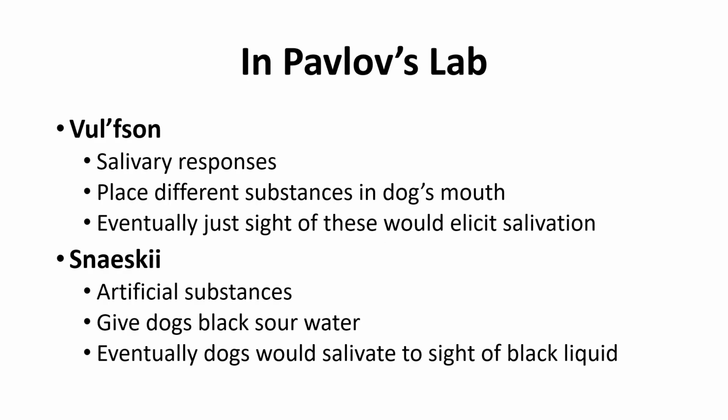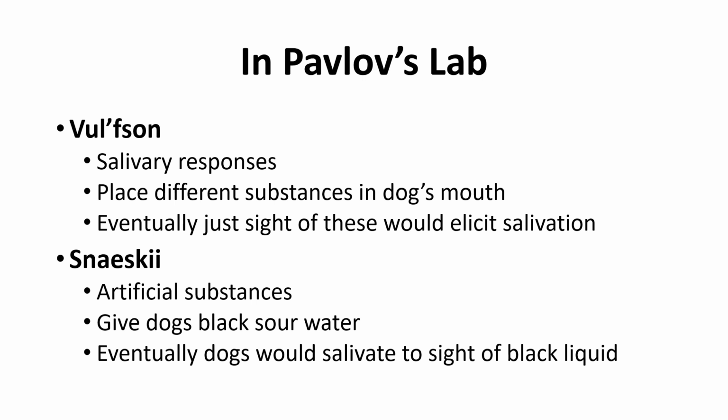Now, in Pavlov's lab, he had two major researchers, two students working under him who studied these salivary responses in slightly different ways. And both of them are really important because they lead to how we understand classical conditioning today. Now, we'll have to pardon my pronunciation of Russian, but the first of these students was Wolfson, and they were interested in studying salivary responses.